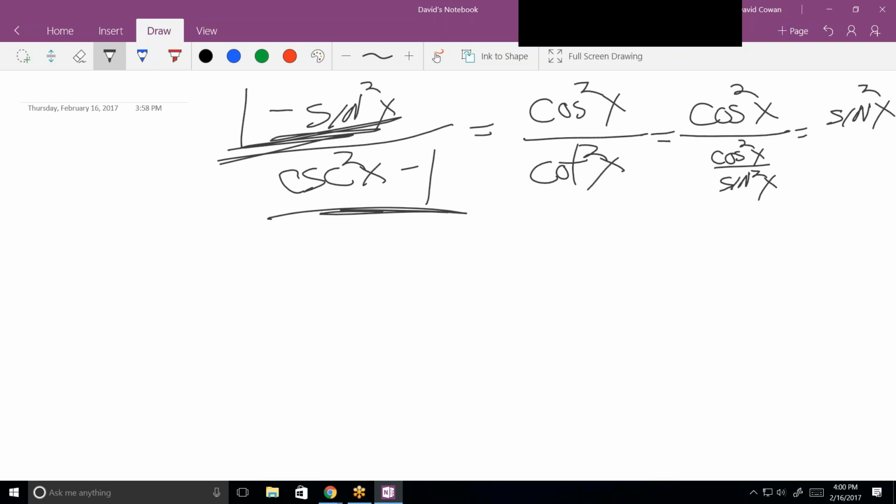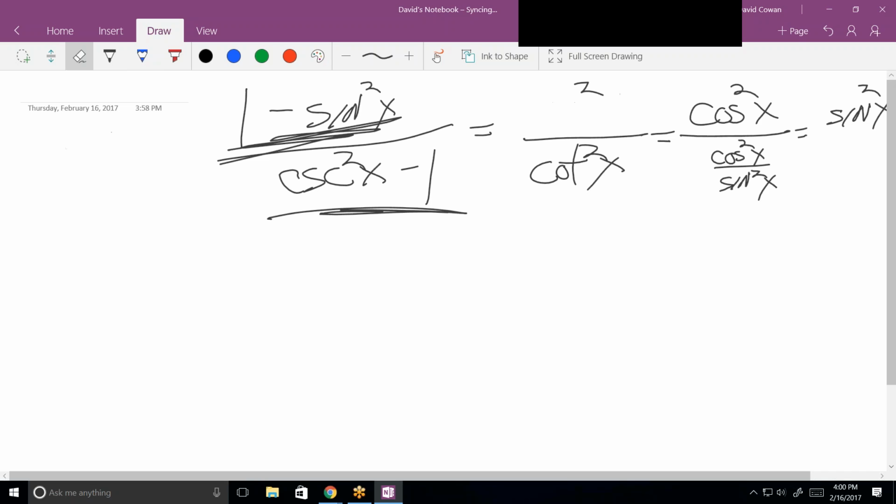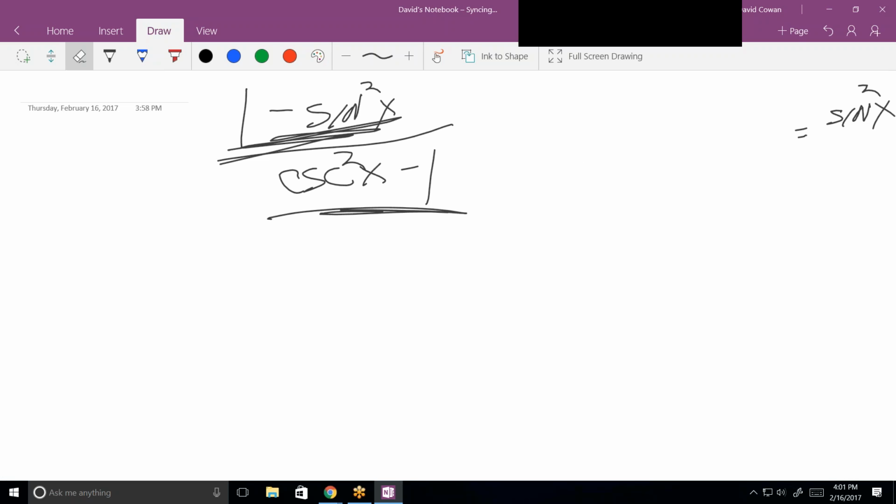And undoubtedly, had they given this to you as a verifying problem, it would look exactly like this. They would have said 1 minus sine squared x over cosecant squared x minus 1 equals sine squared x. And you would have had to prove that, and you would have done exactly what we did to prove it.